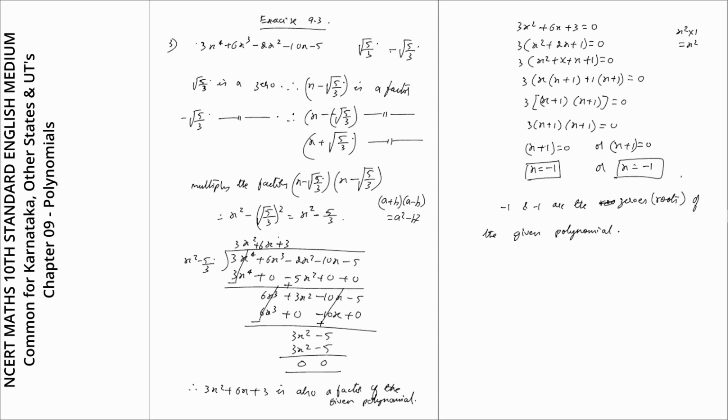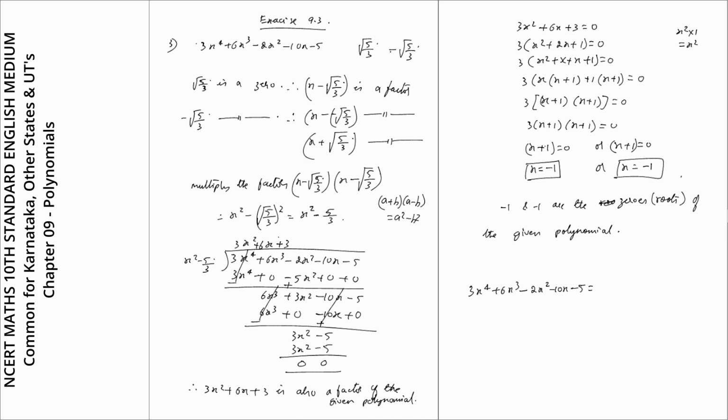Which is the polynomial 3x power of 4 plus 6x cube minus 2x square minus 10x minus 5. So the problem completes here. So one more line I will write just for your understanding. 3x power of 4 plus 6x cube minus 2x square minus 10x minus 5. This was the given polynomial.